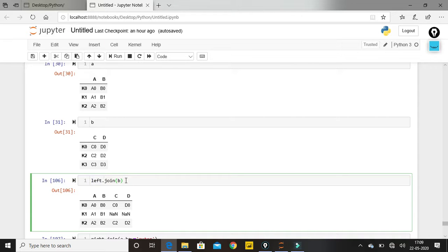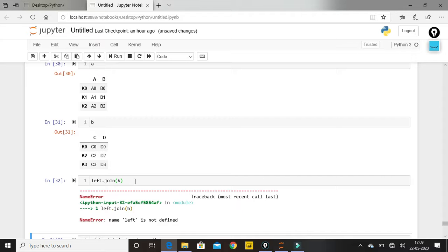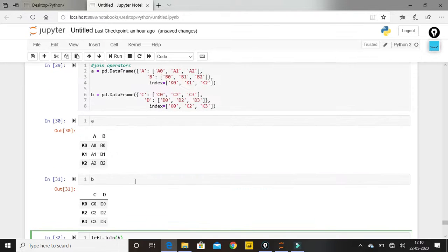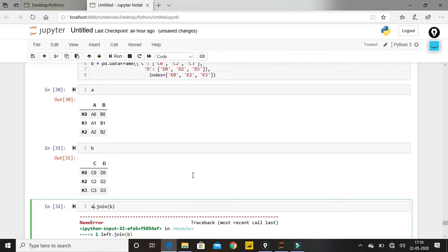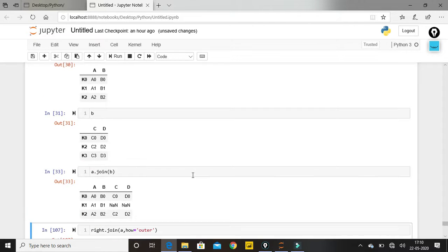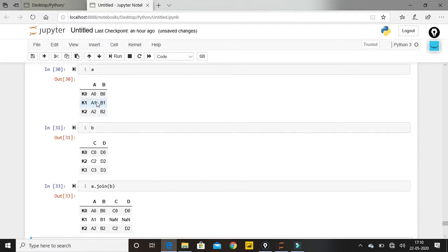If I execute, okay, left is not defined. Okay, let me look into it. If I use A dot join B, let me check it, guys. Yep, see, it is joining both of the data frames.